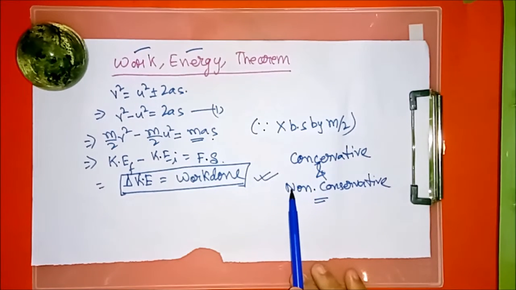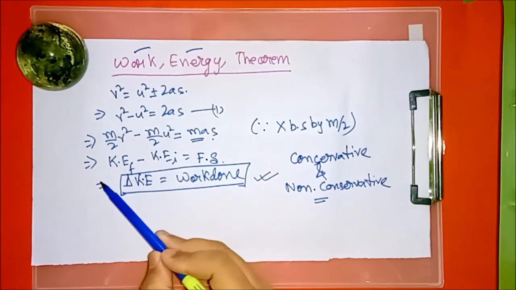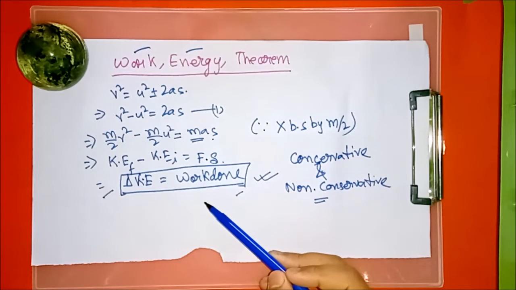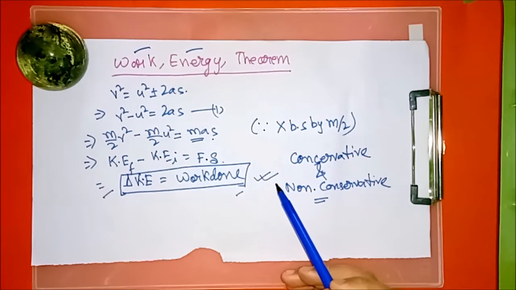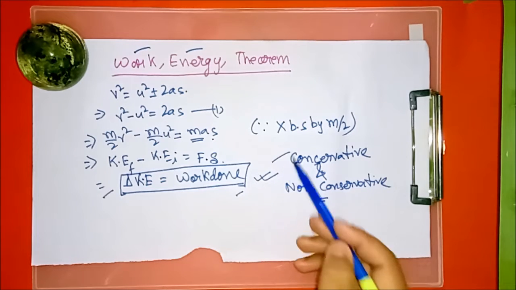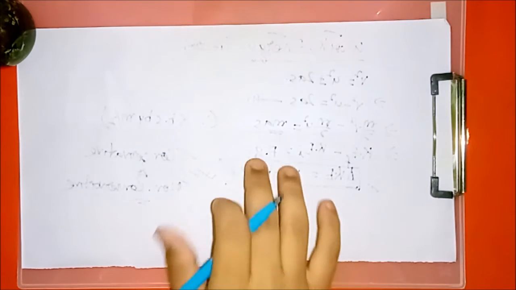These conservative and non-conservative forces make the entire calculation of this work energy theorem. This work energy theorem is totally blank without conservative and non-conservative forces. So let's see what conservative and non-conservative forces are.